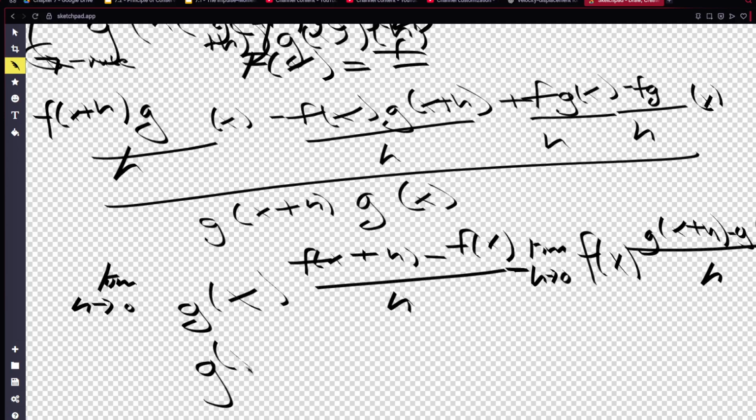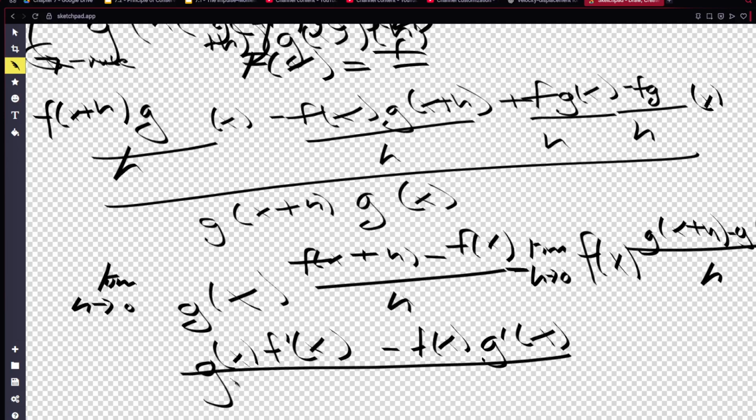Again, what does this look like? This looks like g of x times the derivative of f of x minus f of x times the derivative of g of x. It would be the limit as h approaches 0 of the numerator, which is g of x plus h times g of x. What happens as h approaches 0? Same thing.